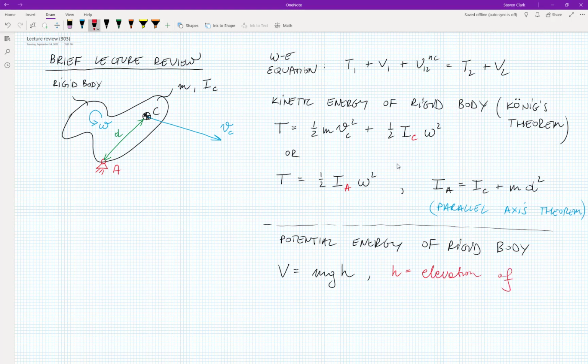If I would like to put it on the drawing, let's say that my datum is here, and that elevation will be basically here. Okay, guys, this is how we calculate kinetic and potential energies. Are there any questions?